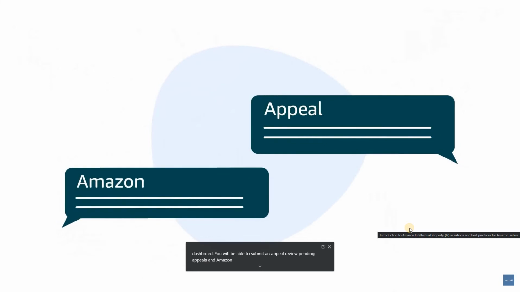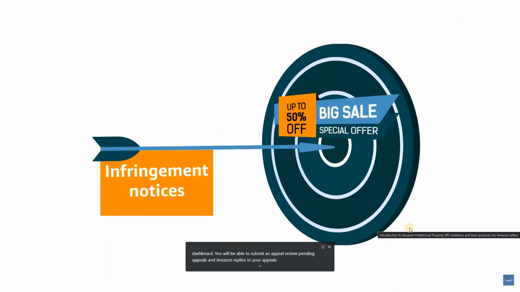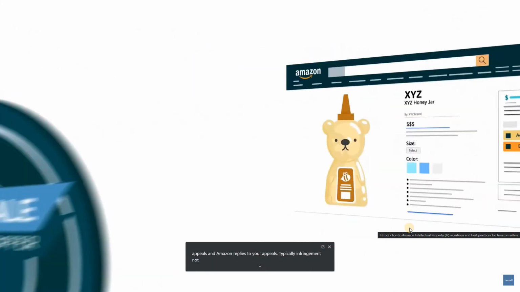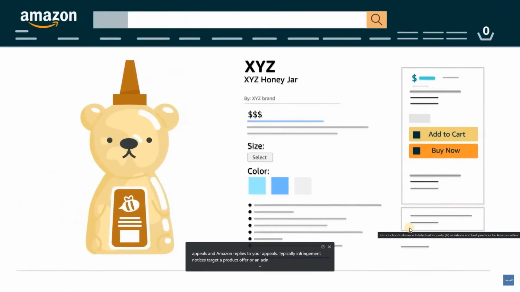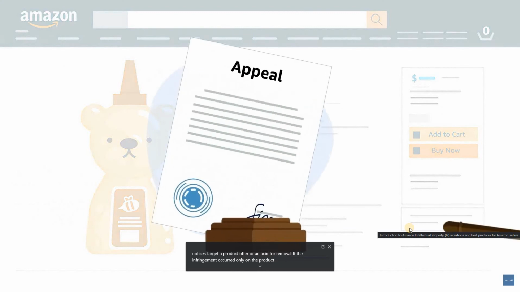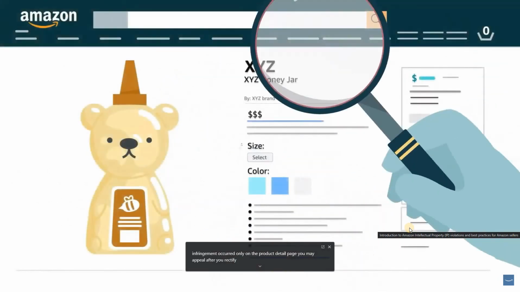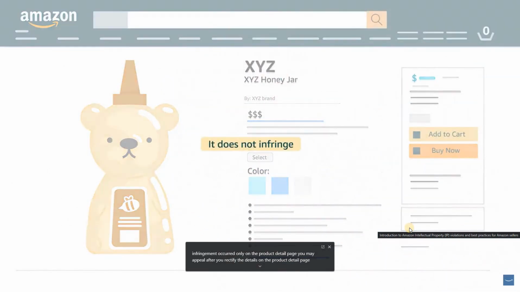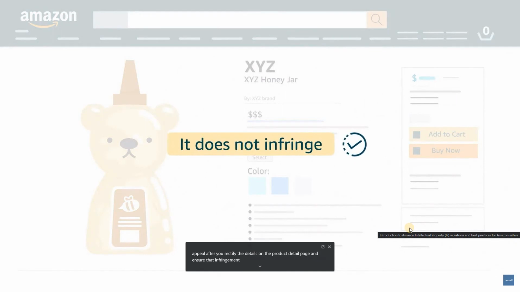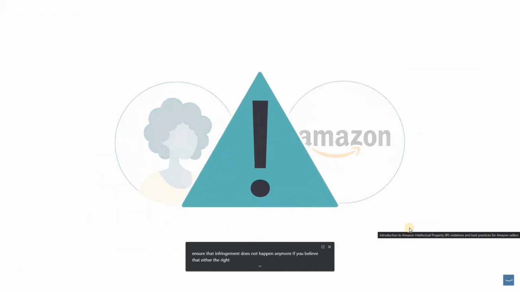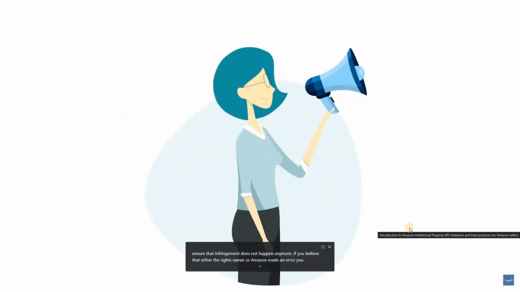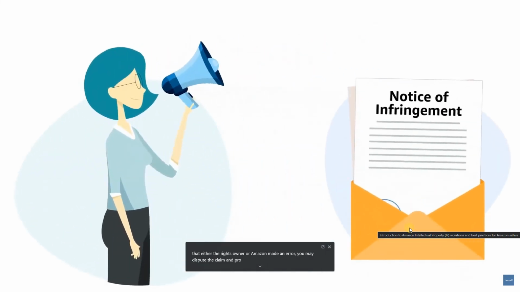Typically, infringement notices target a product offer or an ASIN for removal. If the infringement occurred only on the product detail page, you may appeal after you rectify the details on the product detail page and ensure that infringement does not happen anymore. If you believe that either the rights owner or Amazon made an error, you may dispute the claim and provide supporting documentation.